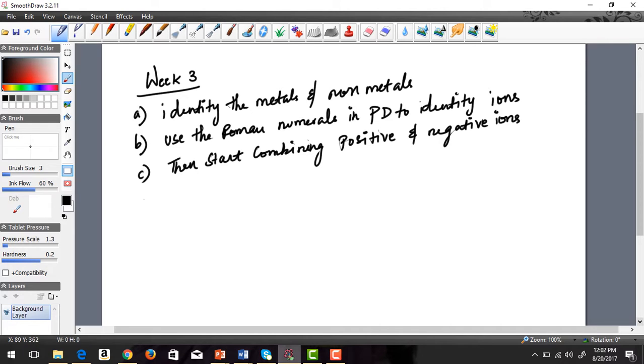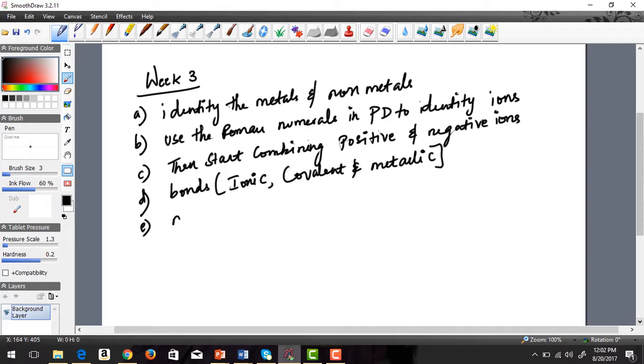All right, we'll get to that, and then we're going to start talking about the various types of bonds that are available. The first one that springs to my mind is ionic. The second one is covalent, and the third one, the most common ones we're going to discuss in the class, is metallic. And then we are going to go into naming those compounds.